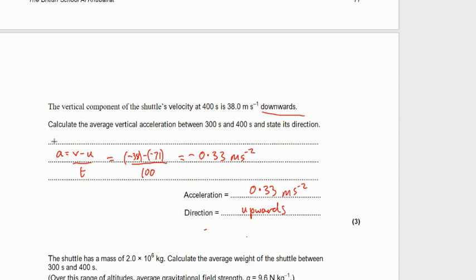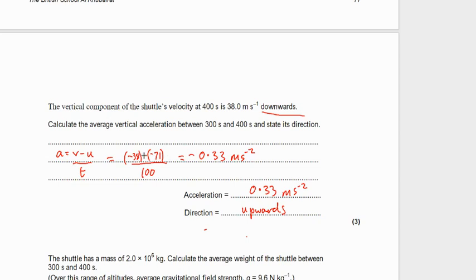So we've got acceleration: calculate the average acceleration between 300 and 400 seconds. So that is final speed minus initial speed divided by time. At 400 seconds, that's my final speed. It's minus 38. My initial speed was minus 71, and I take them away from each other.